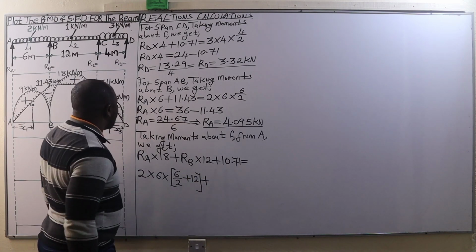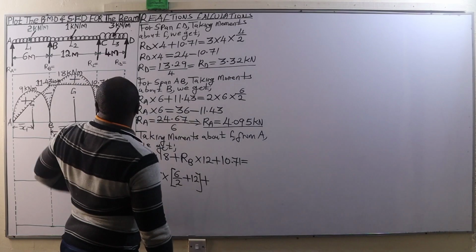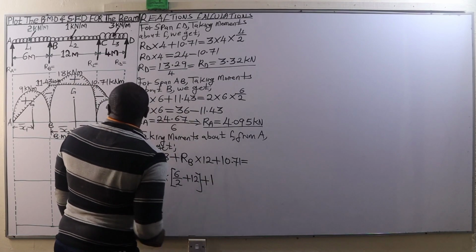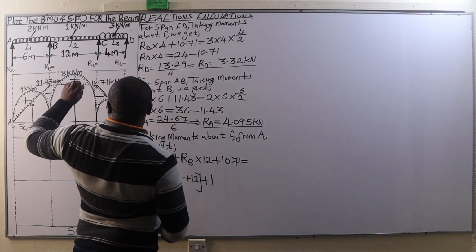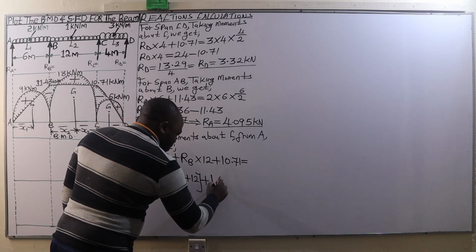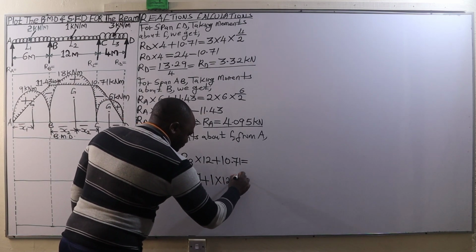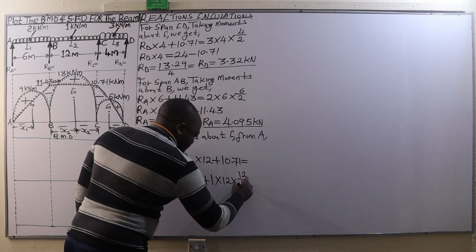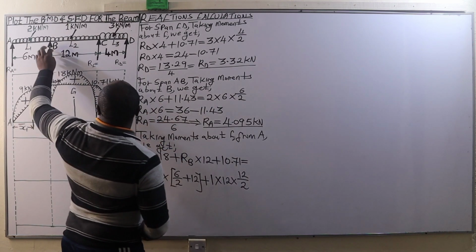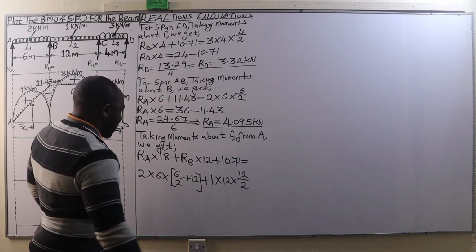Then we add, between B and C, a UDL of 1 kilonewton per meter, multiplied by the span over which it is distributed, and it acts at the mid span of B and C.